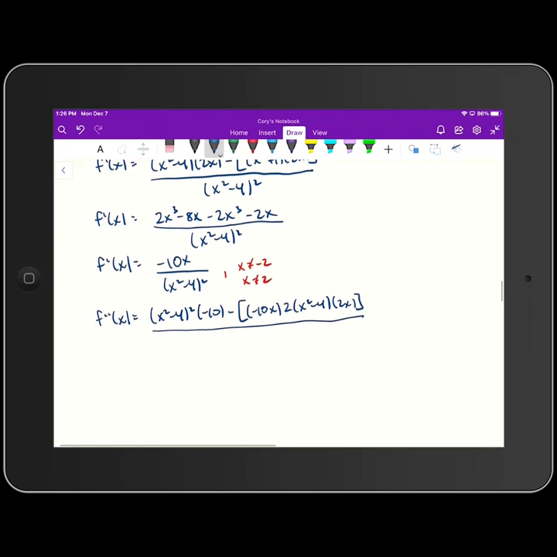Okay, I had to use chain rule to take the derivative of the bottom function, all over x squared minus 4 quantity squared. Sorry, x squared minus 4 raised to the 4th power, because that's the denominator squared.